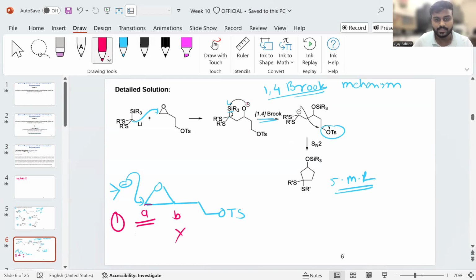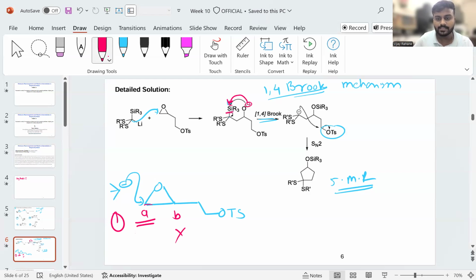Here, if it attacks the silicon, the attack takes place through a five-membered arrangement. Silicon obviously has a good affinity toward oxygen, especially O negative. So this O negative attacks the silicon, the carbon-silicon bond cleaves, giving an anion. Once this anion is formed, it then attacks the OTS.